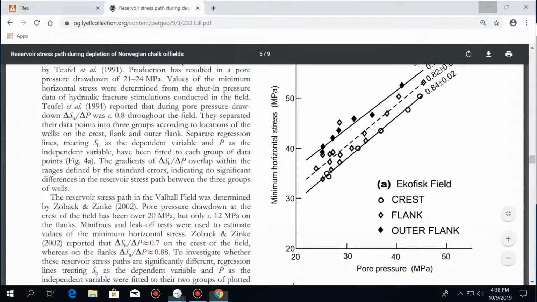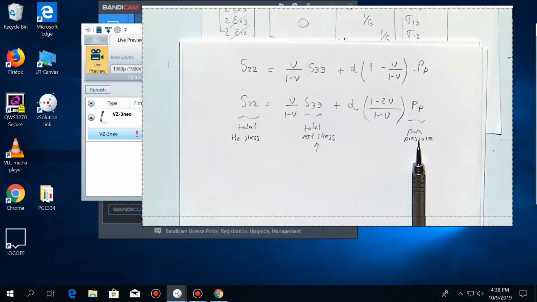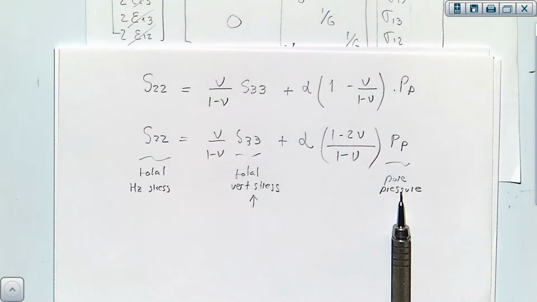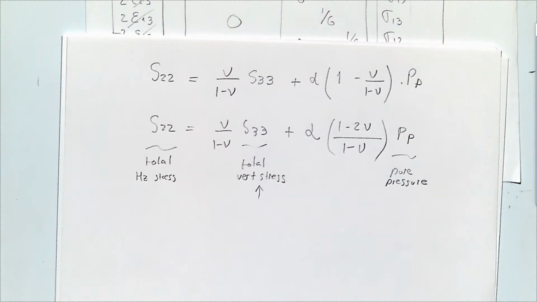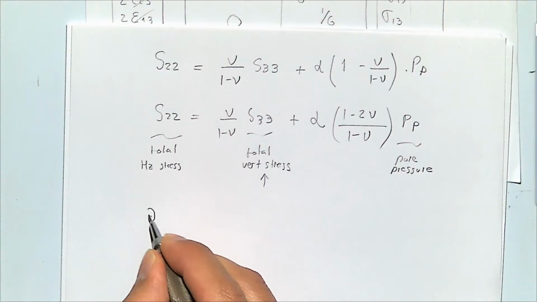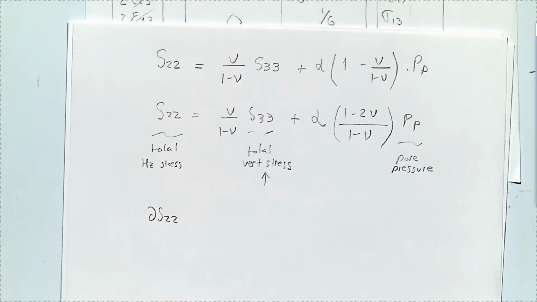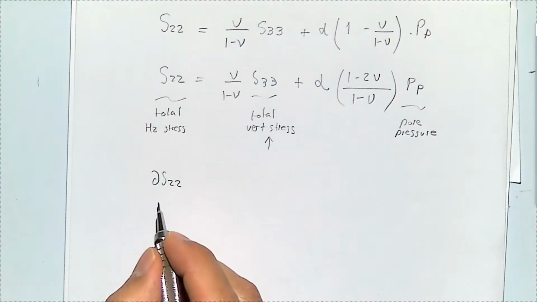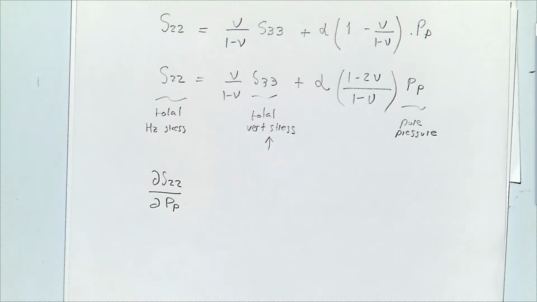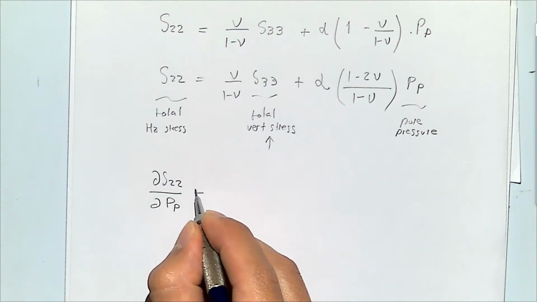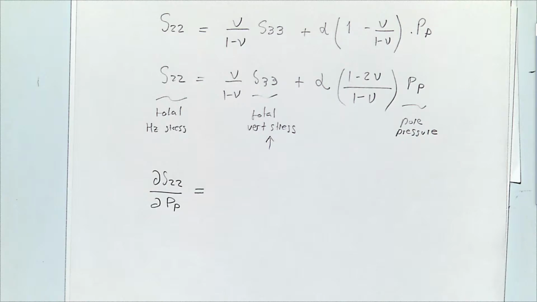Okay, so let's come back to the equations over here. What we would like to do now is to calculate the variation of total horizontal stress with the variation of pore pressure, which in mathematical terms is a partial derivative.